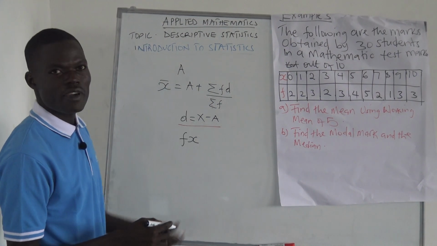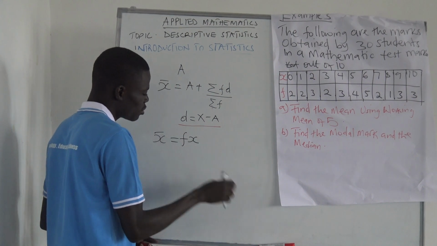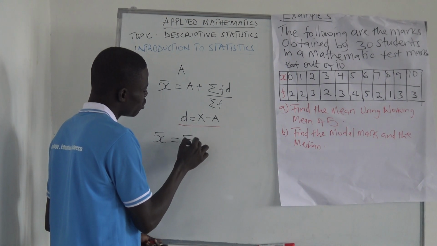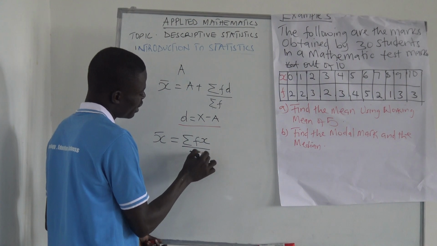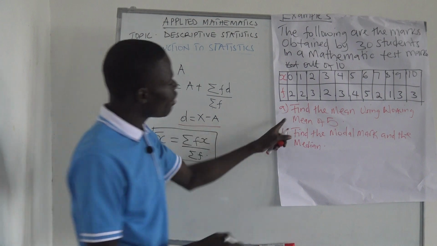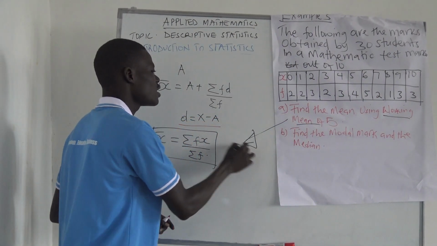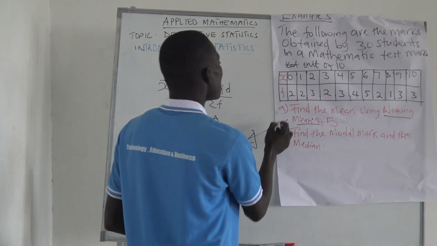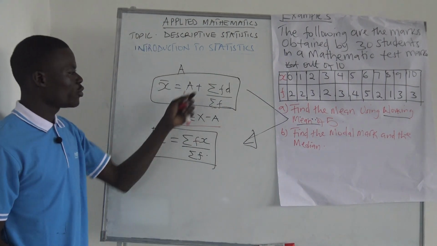Because if you are not given an assumed mean, that's when you get our mean as the summation of Fx out of summation of F. If you don't have the assumed mean or working mean, you get the mean using this value. But if you have it, it is a must that we use this value.